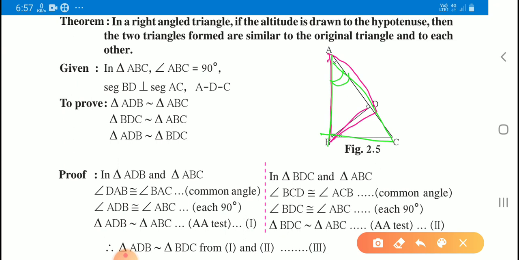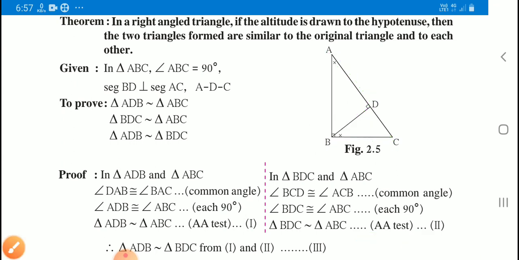Reason: common angle. Now you can see angle B and angle D are 90 degree angles, so they are also congruent. So angle ADB is congruent to angle ABC, each 90 degree. That's why, by the AA test, these two triangles are similar. These angles are congruent, so these two triangles are similar to each other.